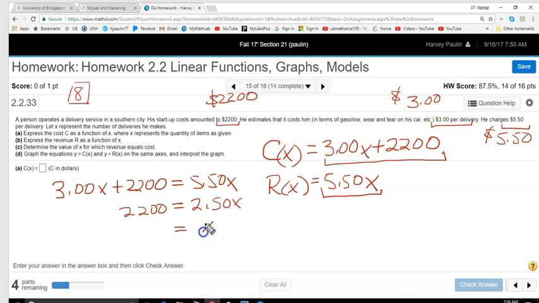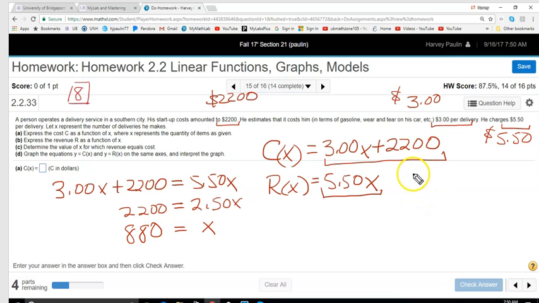Now I'm going to take my calculator and divide both sides by 2.5, and as I turn my calculator on, I put in there 2,200 divided by 2.5, and my answer then for x would be 880. When I do 880 deliveries, I have broken even. So if I do 881, I've made a profit.